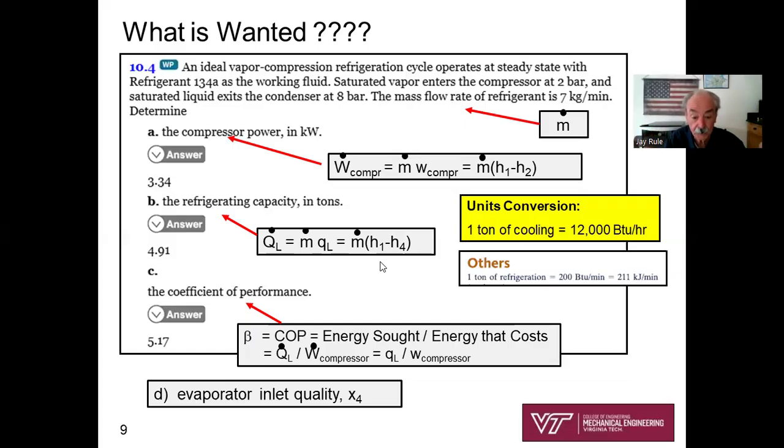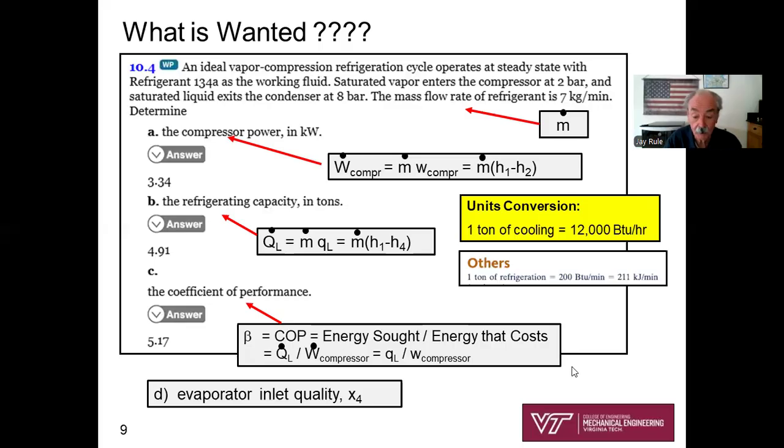We're going to go through the fundamentals to get the refrigeration capacity. Coefficient of performance, energy sought over the energy that costs. And I hope this video has convinced you that the energy sought is Q dot L, the refrigeration capacity, divided by W dot, the power required by the compressor, basically a positive number. That's part A, the compressor power required.